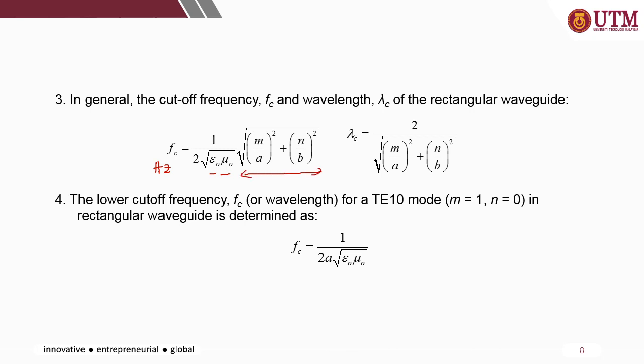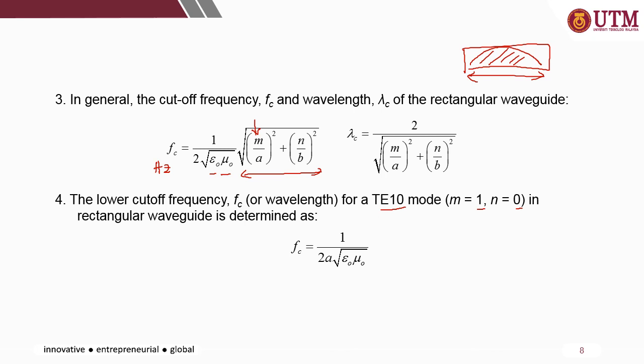So M is the number of half wavelengths along the broad side dimension of the structure. How many half wavelengths? If only one, then M equals 1. For example, TE10, so M equals 1 and N equals 0.